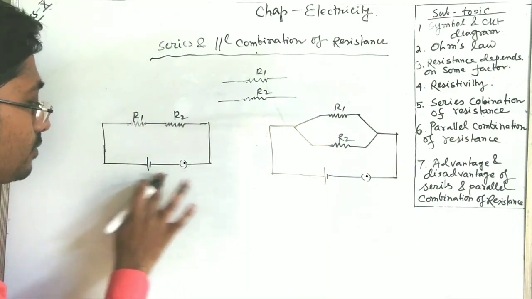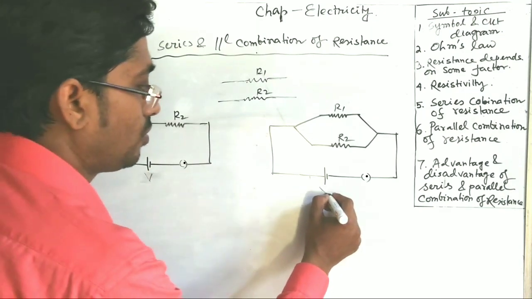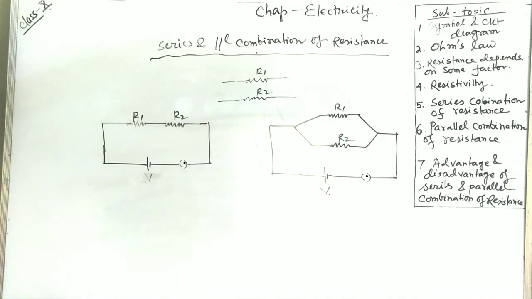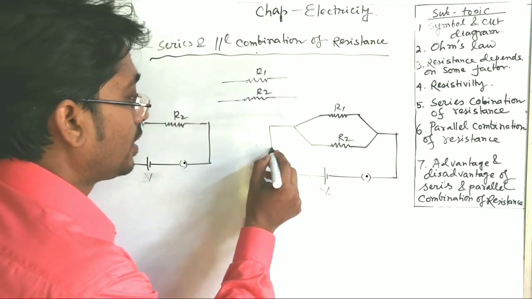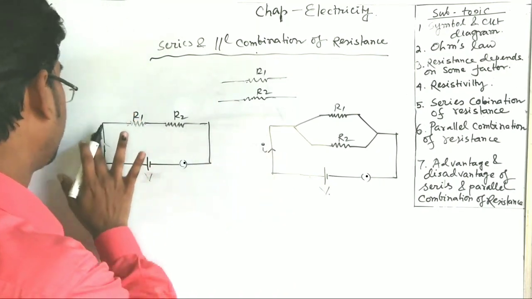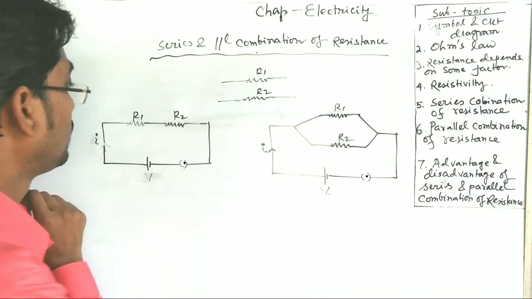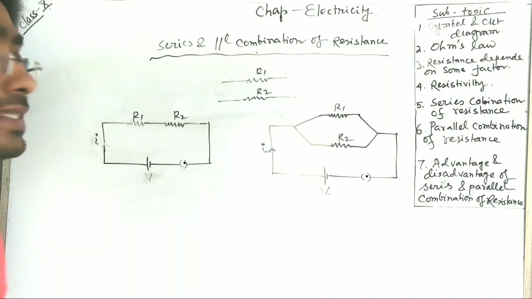We have taken one cell of volt V and this is also a volt V. Now what will happen? Now the current flowing in this circuit is I, and here also the current is I. So what will be the equivalent resistance of the series combination?